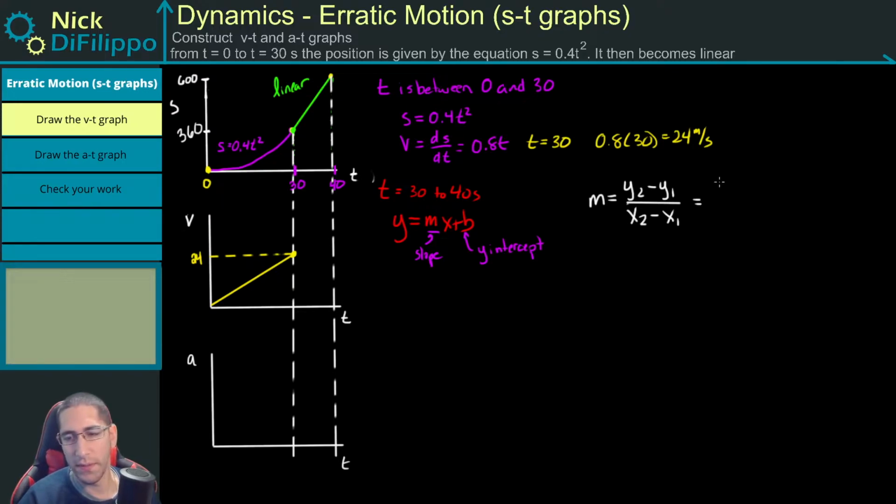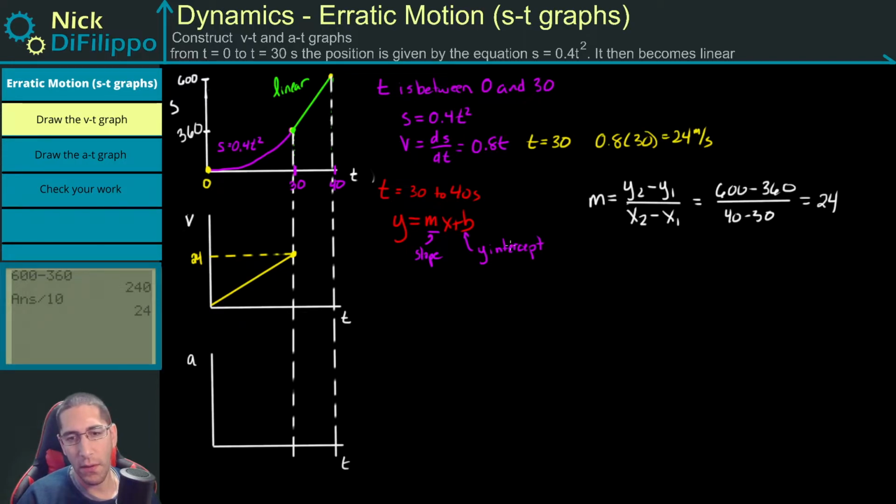So this is 600 minus 360 divided by 40 minus 30. That's 240 divided by 10, and we get 24. So our slope m is equal to 24.